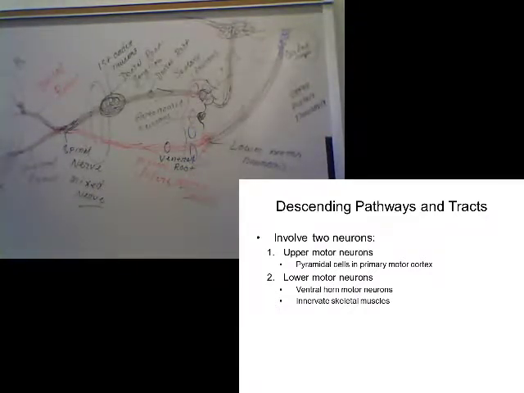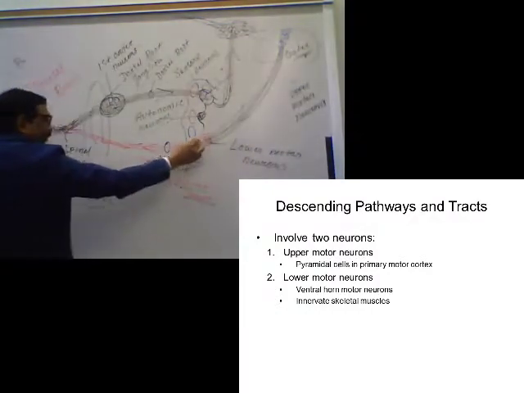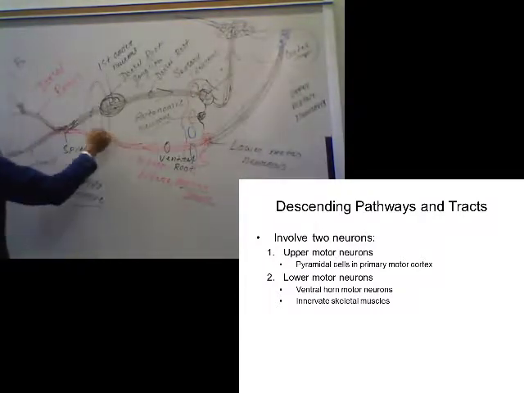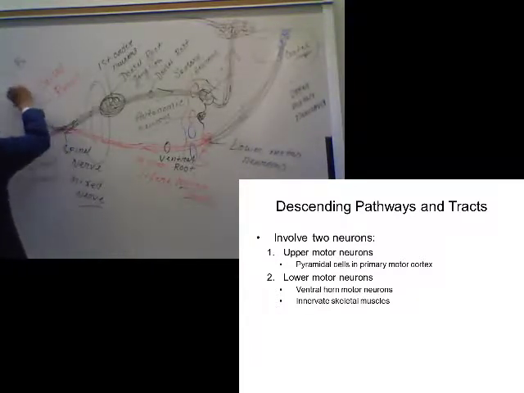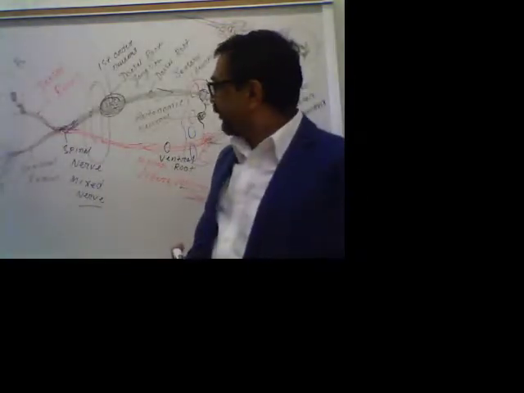Only two sets. Is it clear? So not very difficult. And then from here, you know that the motor signal will go to the ventral root, spinal nerve, then ventral and dorsal rami to the body, to the muscle. Because motor is the movement, it should go to the muscle, not to the skin.